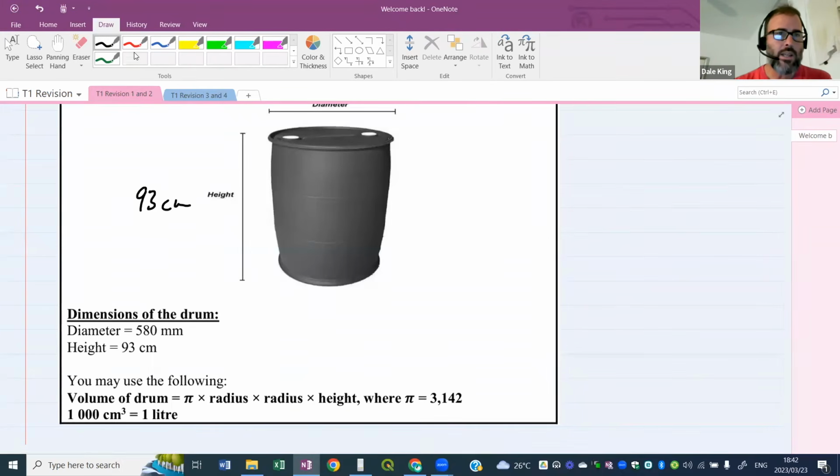And then they give us something down here at the bottom. I don't know if you can see it. That is a volume to capacity conversion. We spoke about this when we did the conversion section. So this formula down here is for volume.